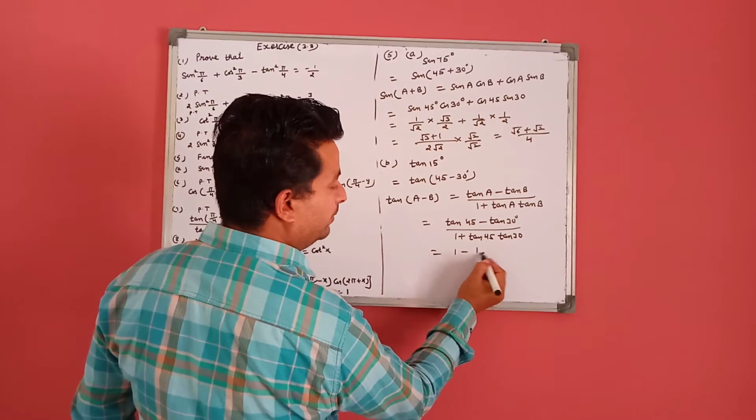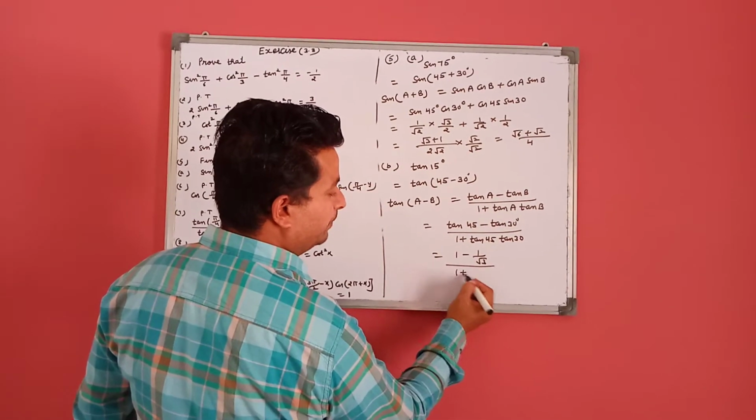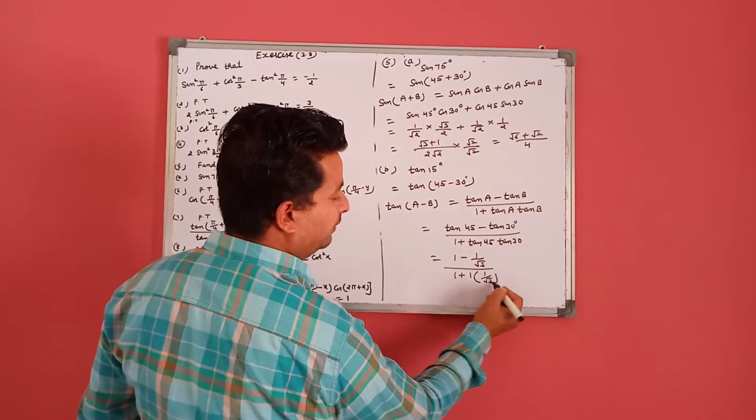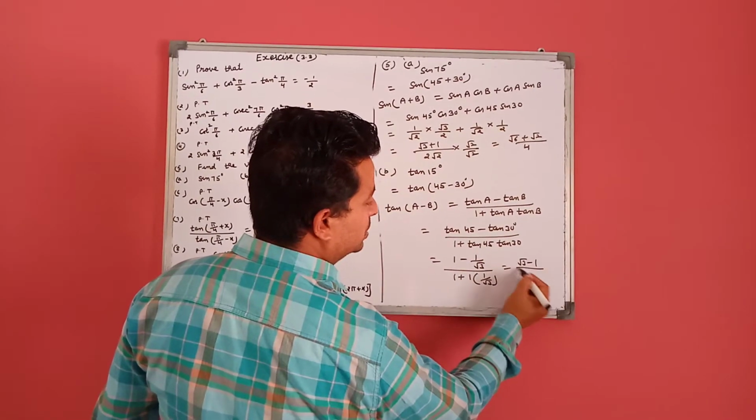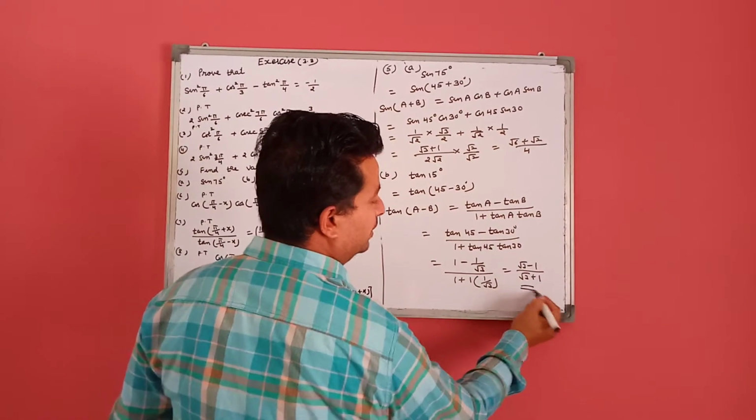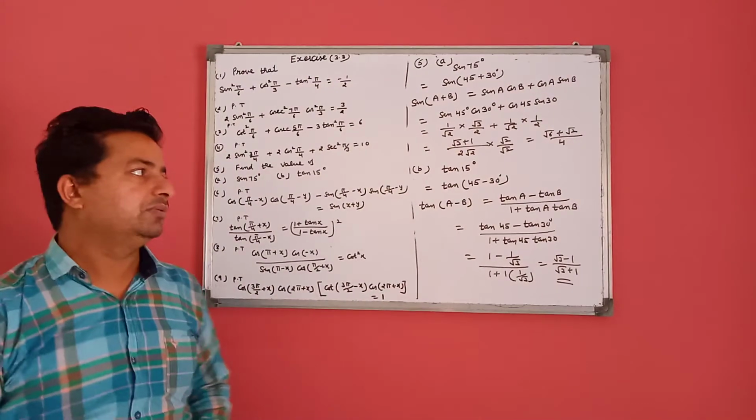Its value is 1, and this is 1 upon root 3. 1 upon root 3. When we take LCM, this becomes root 3 minus 1 over root 3 plus 1.